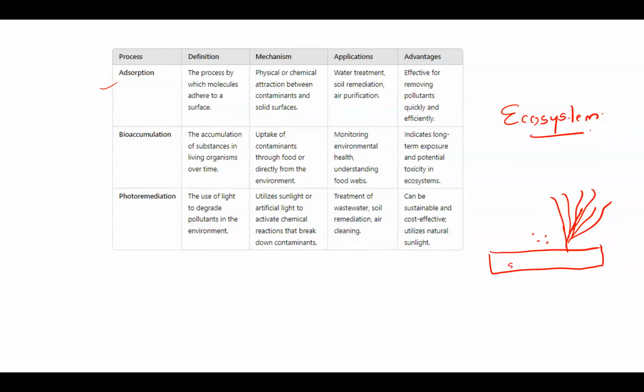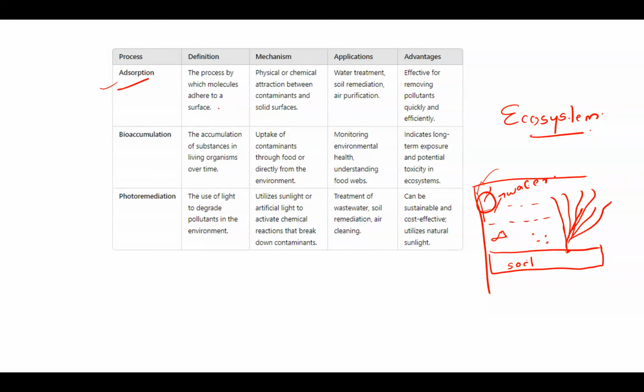So this is the soil bed, where they can adhere and grow. Then water will be there. Then fishes or something like that. Then also floating plants, algae. So different kinds of plants will be there.